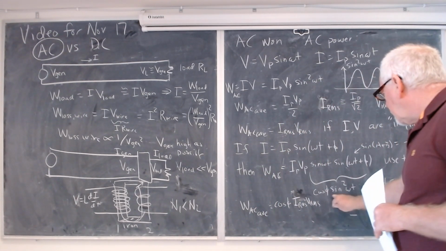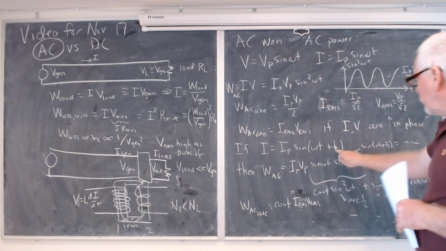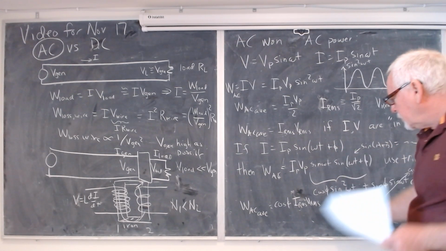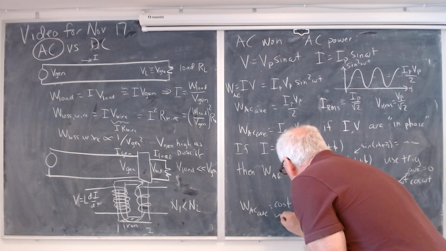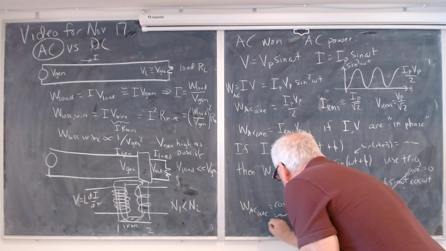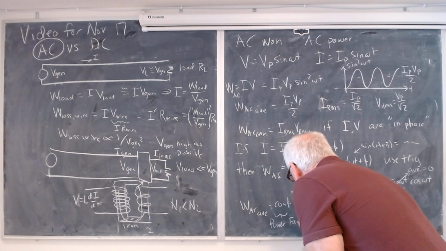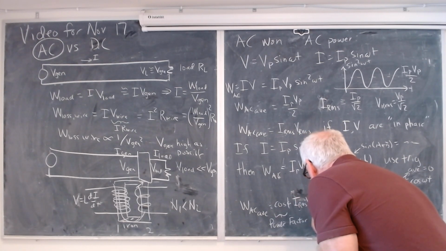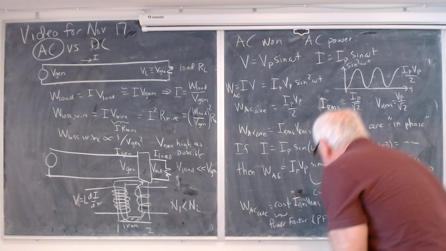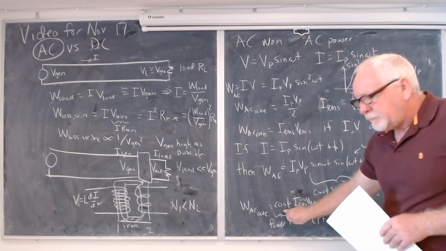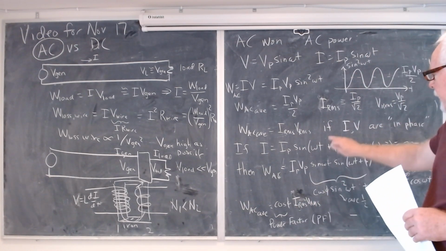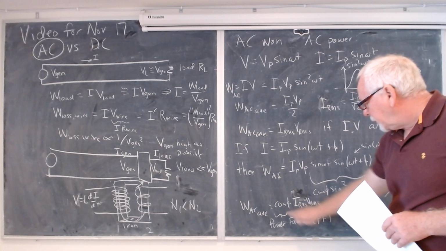The point being that all you do when you put it out of phase is you add this term. And this is called the power factor. That is, cosine phi is the power factor. Not phi, okay, cosine phi.